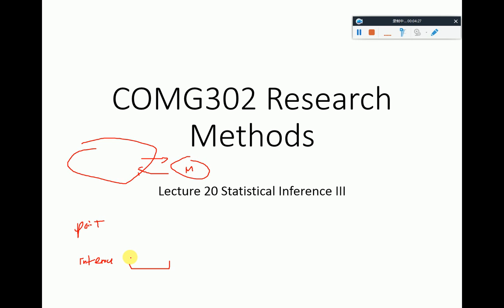The reason that we usually supplement a point estimation with an interval estimation is that we would like to use this interval to capture the uncertainty of making statistical inferences. So where do these uncertainties come from? Well, the uncertainty comes from the fact that we draw a random sample from the population, right?